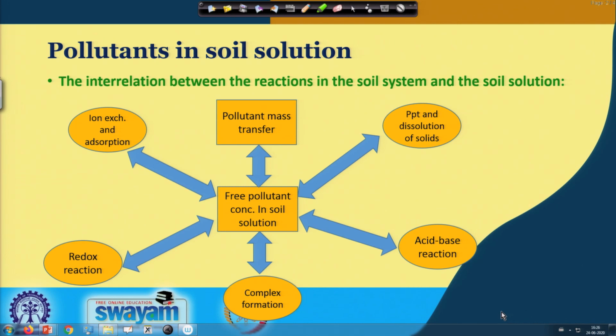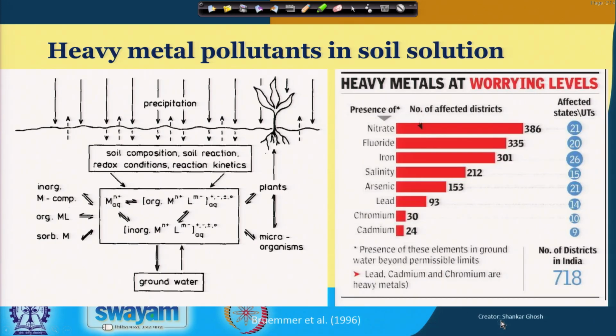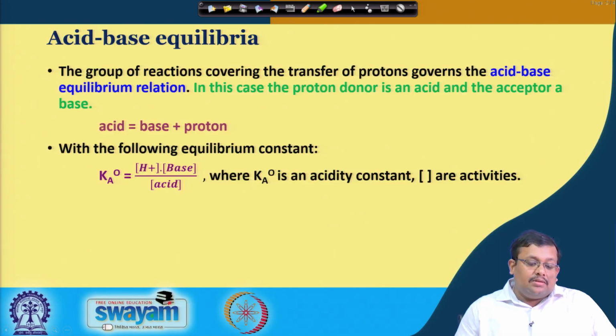I have shown you these pollutants in soil solution. Then we discussed the dynamics of heavy metal pollutants in soil solution. We discussed how heavy metals are present at varying levels in groundwater, especially as far as Indian states and union territories are concerned. Then we talked in detail about acid-base equilibria.